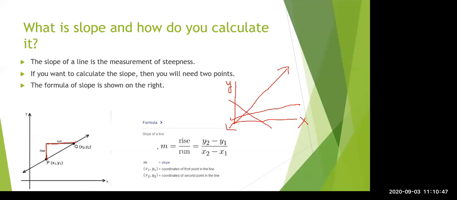So the formula of slope, which is m, is rise over run. That is the y coordinate of the second point minus the y coordinate of the first point, divided by the x coordinate of the second point minus the x coordinate of the first point.